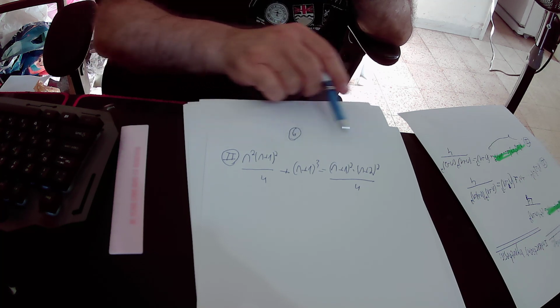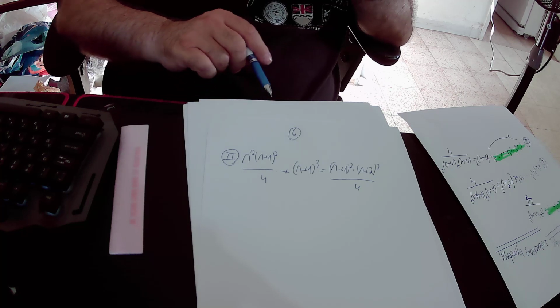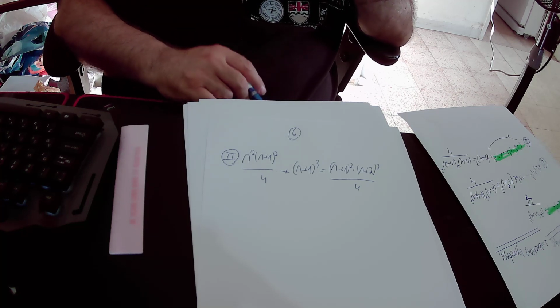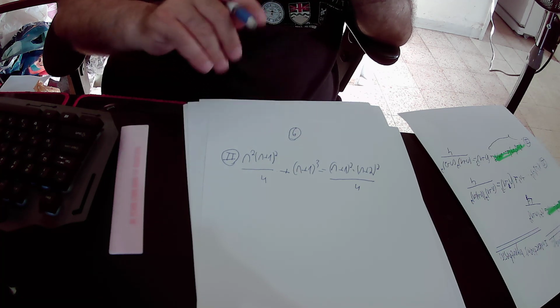to prove that this equation, the statement for n plus 1, is true. So in order to prove that this expression is true, we will divide both sides of the equation by (n plus 1) squared.